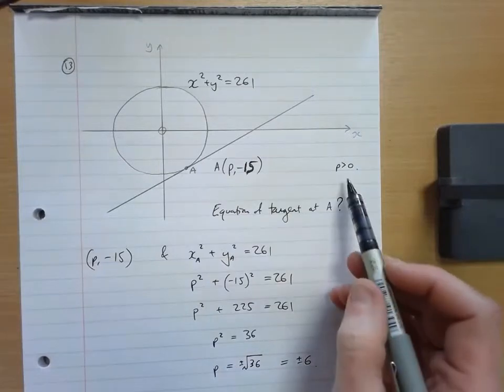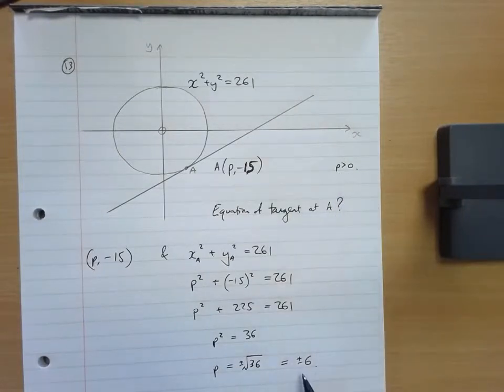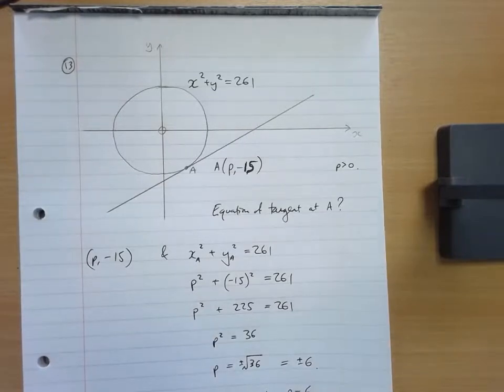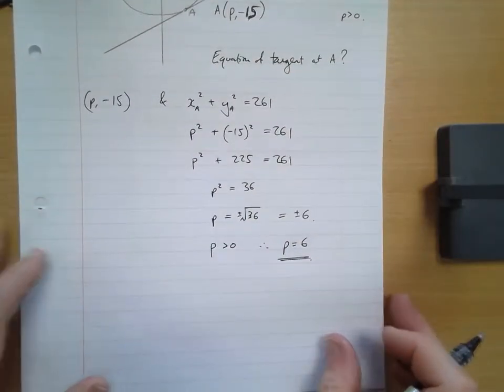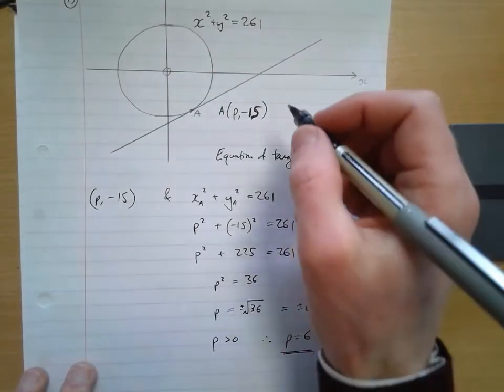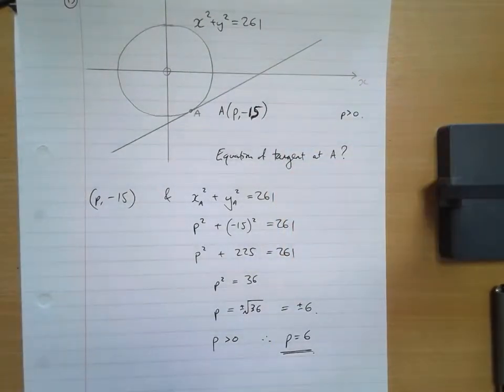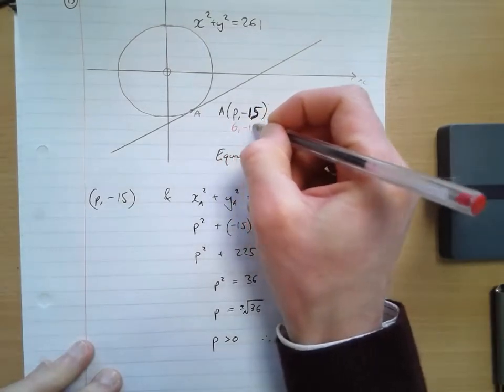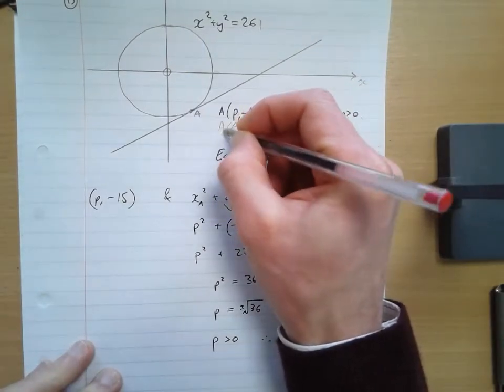But up here, of course, we're told that p is positive, so with that in mind, p must be 6. Okay, so that's useful. So we now know that that is (6, -15). Put that in red there.